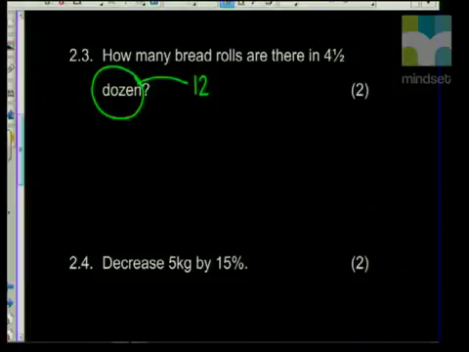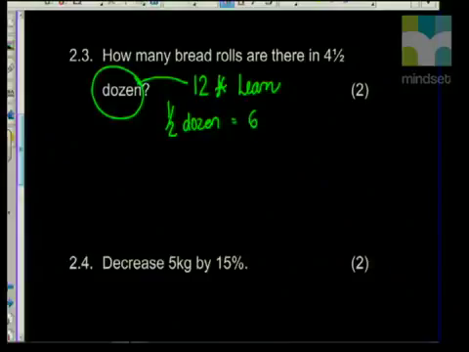So they could be asking you similar types of questions. So that's something you need to learn. Obviously then, half a dozen will be equal to 6. So if I had half a dozen bread rolls, it would be 6 bread rolls. If I had half a dozen eggs, it would be 6 eggs.